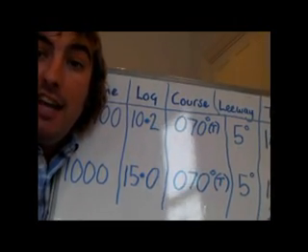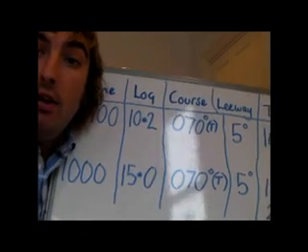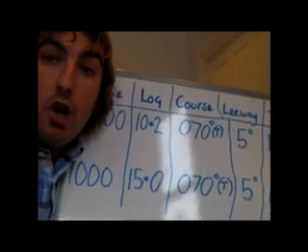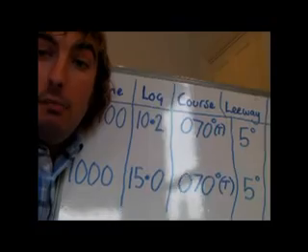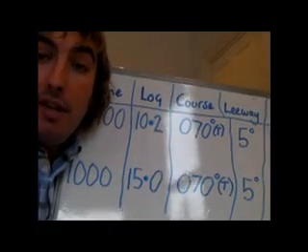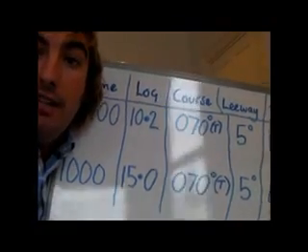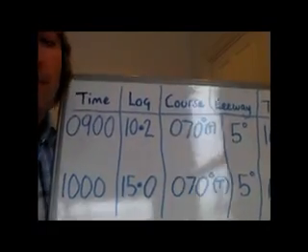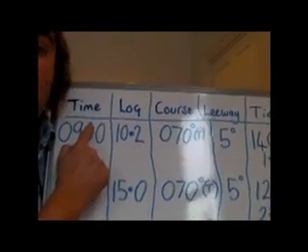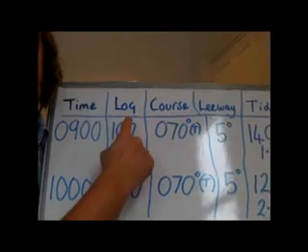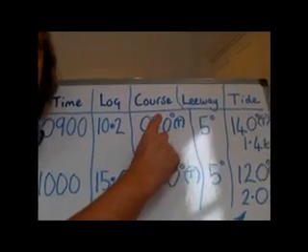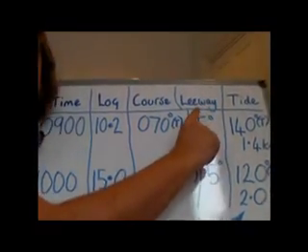What I've got here again is an extract from my log. It's the same information we used on the dead reckoning, but I've added some additional information that we need to know for an estimated position. Just running through what we've got: time, log reading, course, and leeway.